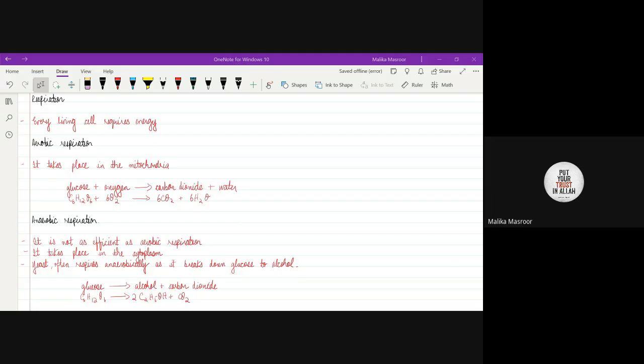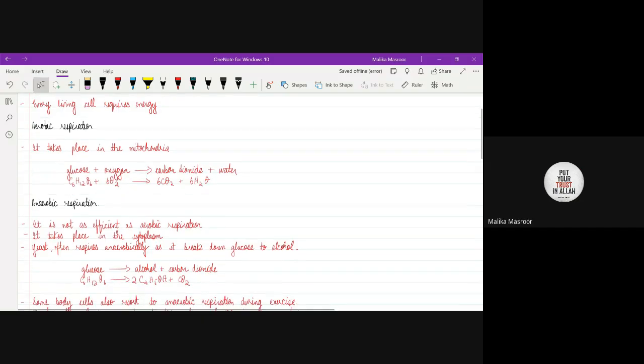Can I scroll down? Can you show the last part of anaerobic respiration? Last point?